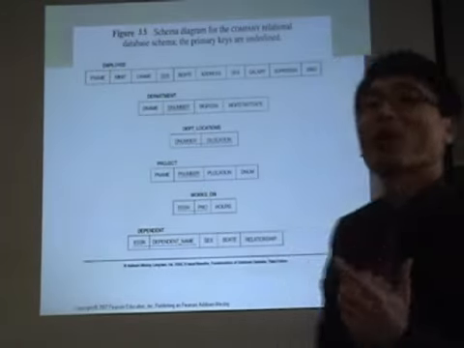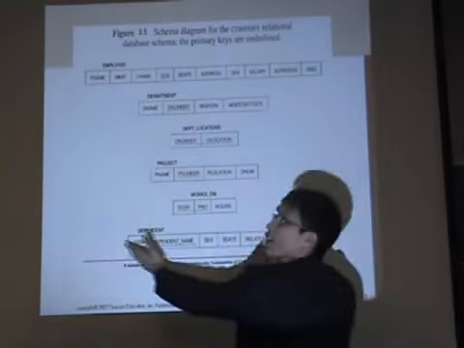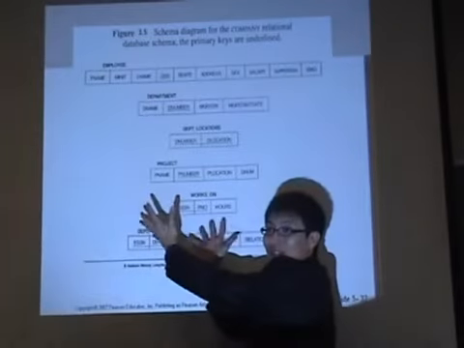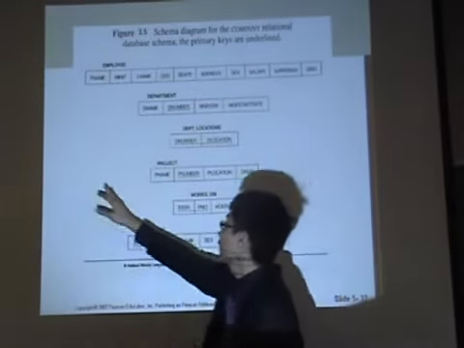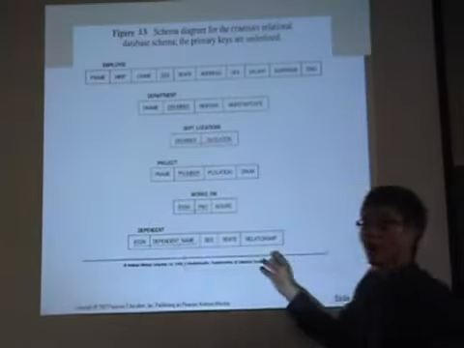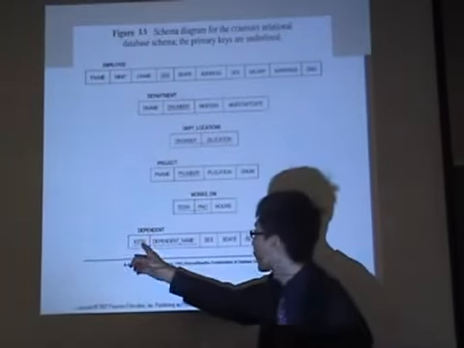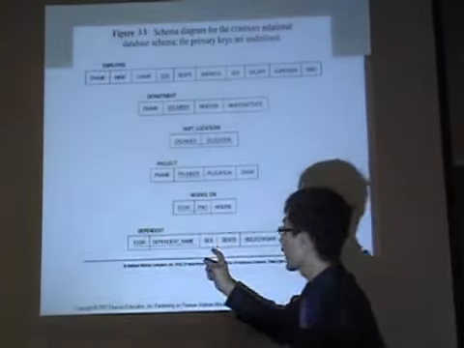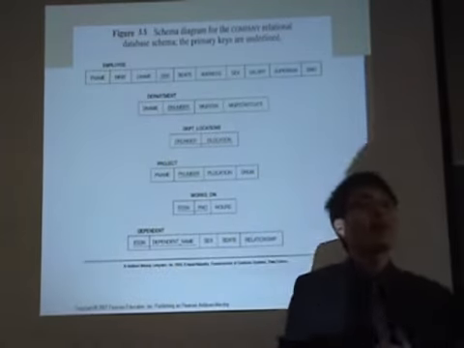Also, we are going to use a block diagram, right? It's a little bit different from the notation that I use. Here I use parentheses and commas. This one uses blocks, and each block is for an attribute. Also we can use underline for the primary key.